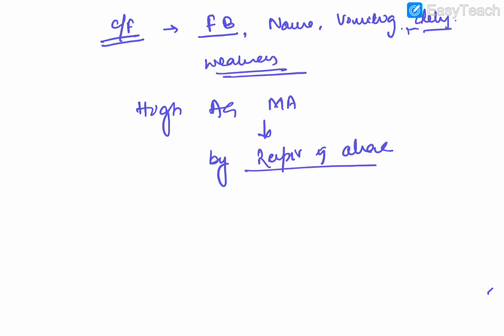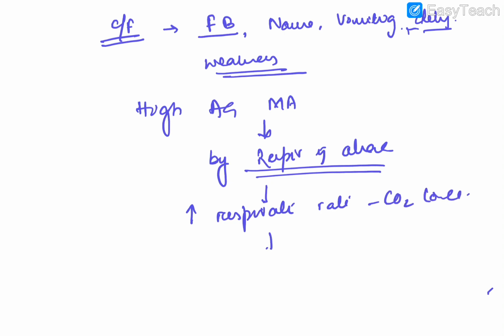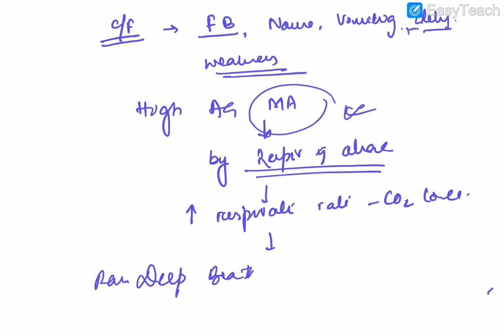So to cause this respiratory alkalosis, we have to increase the respiratory rate so that carbon dioxide is lost and the acidosis is reduced. That is why these patients develop a rapid deep breathing, which is known as Kussmaul's breathing.